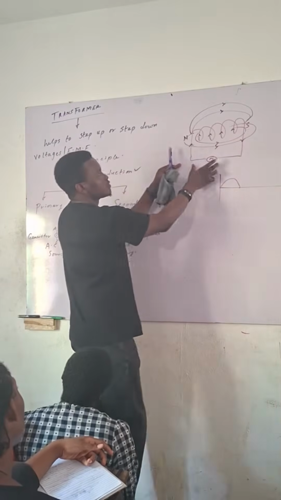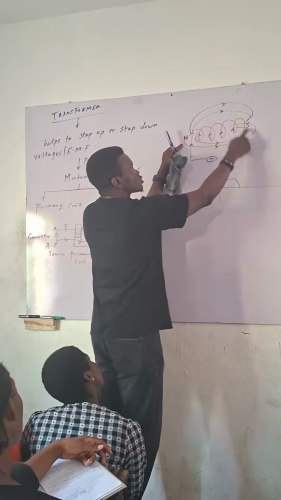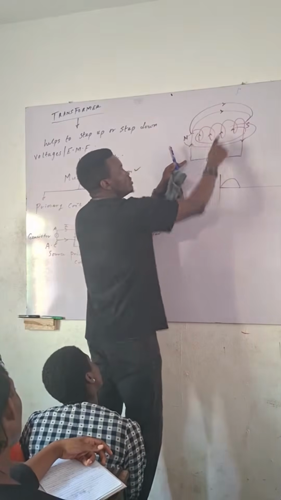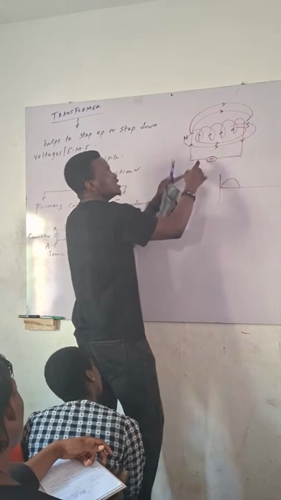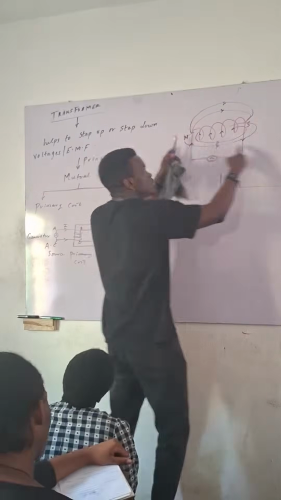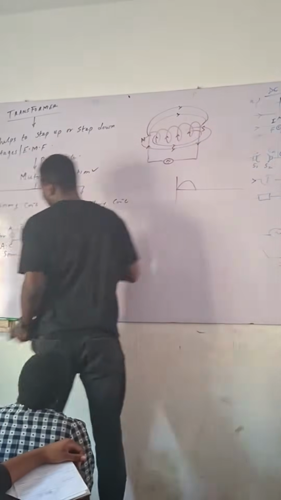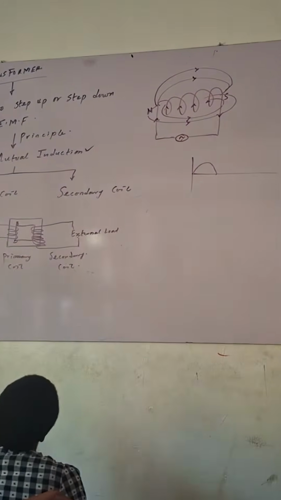Same thing here. As the current is going through this wire, there is north and south. So the current increases the field here. And at the end of the day, when it's alternating again, the field goes to zero and has to increase again. And by that, something will always happen here.